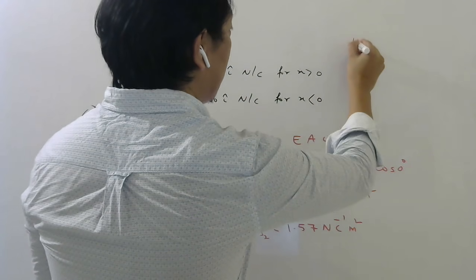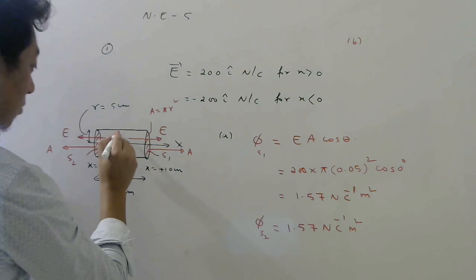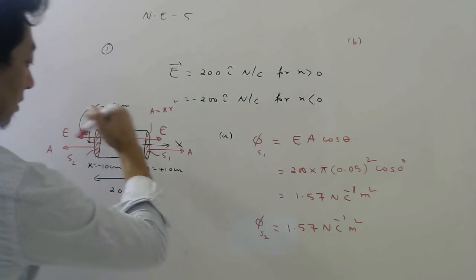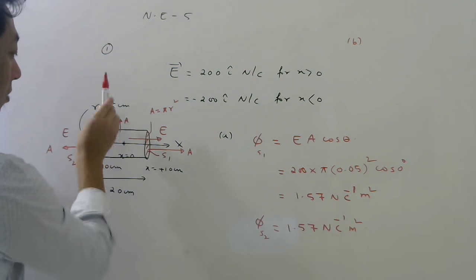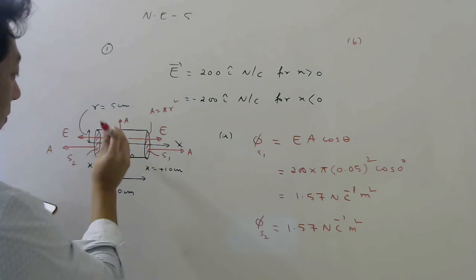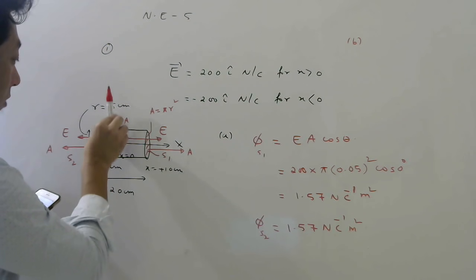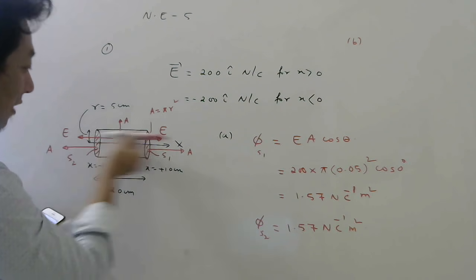Now in part B, they are asking the flux through this surface. For this surface, you see the area vector everywhere will be like this. Now this is the surface, no? So how will you draw the area vector? Perpendicular to the surface. Understood or not? Since it is perpendicular to the surface, you can see it is perpendicular to the electric field lines.